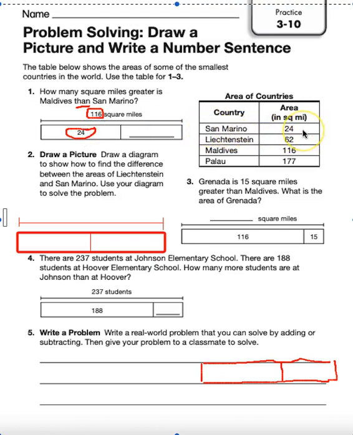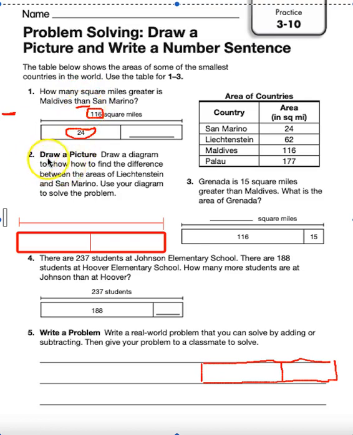Yep, 24 square miles. So you're going to be subtracting the big number minus the little one. And if you want to remind yourself, because you're going to go back and do this problem on your own, put a little subtraction sign over to the side so that you know, okay, this is a comparison problem and you're going to be subtracting.